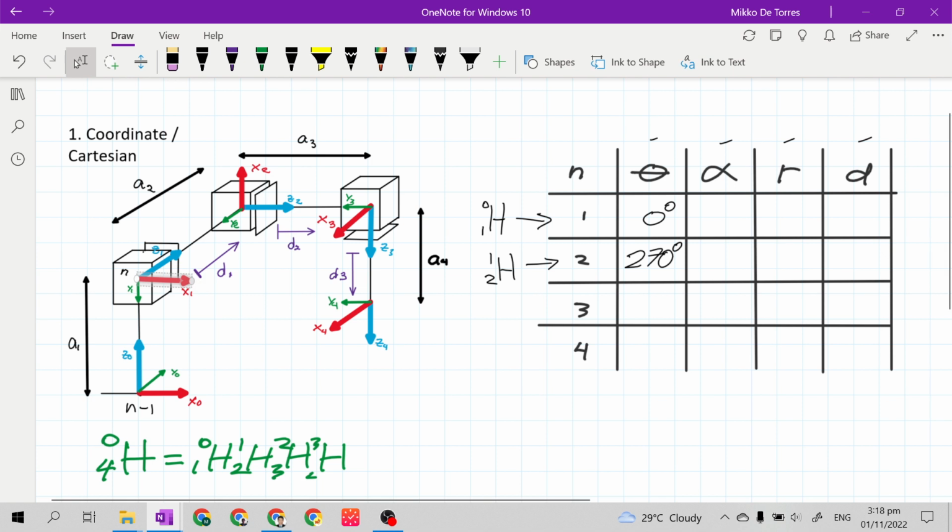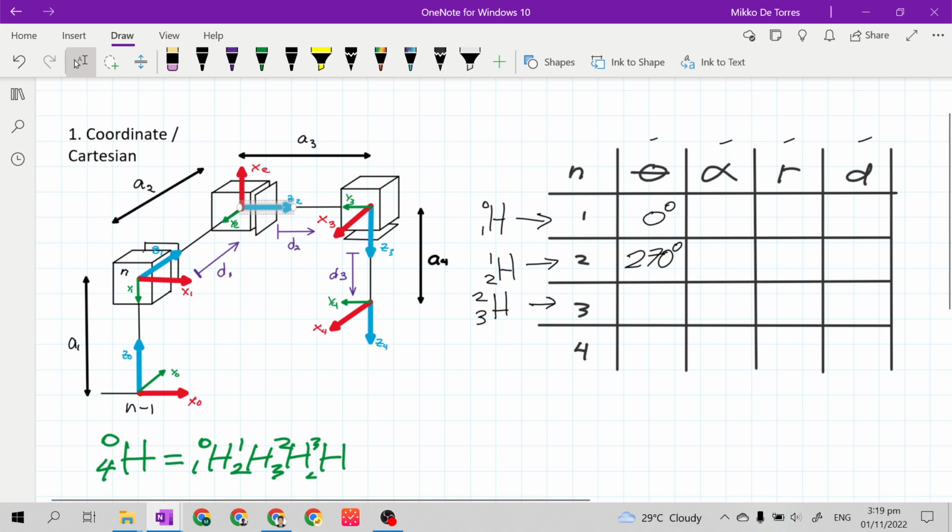Next, for the homogeneous transformation matrix of frame 3 relative to frame 2, theta. Our frame n minus 1 now is frame 2 and our frame n is frame 3. Our z sub n minus 1 is z sub 2, so the counterclockwise rotation will happen here. This is x sub n minus 1, x sub 2, and x sub n now is x sub 3. X sub 3 is pointing to the front, x sub 2 is pointing upward.